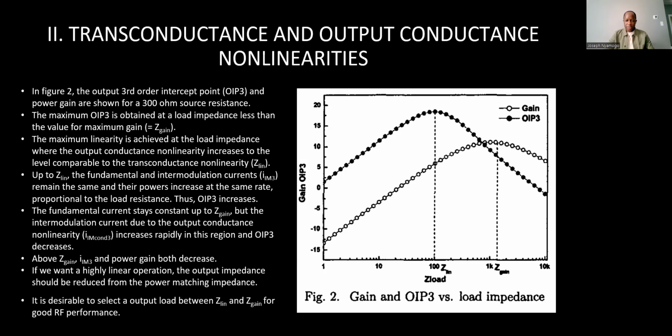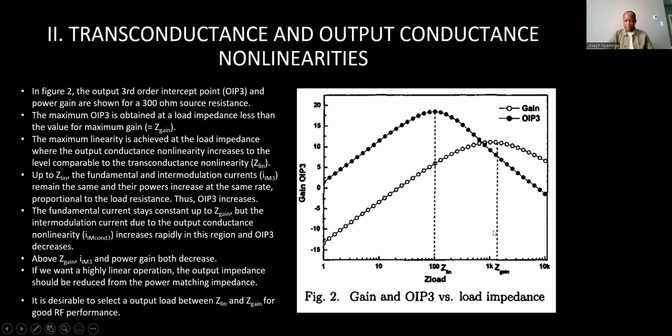Fundamental current stays constant up to Z gain, but the intermodulation current due to the output conductance nonlinearity, IM3, increases rapidly in this condition. In this region, OIP3 decreases.